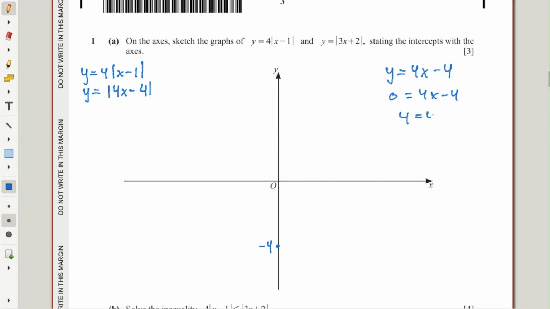I'll have 4 is equal to this. I'll divide both sides by 4, and that should give me x is equal to 1. So my x is 1. Okay, so what can I do at this point? I'll just pass a straight line through this straight line.